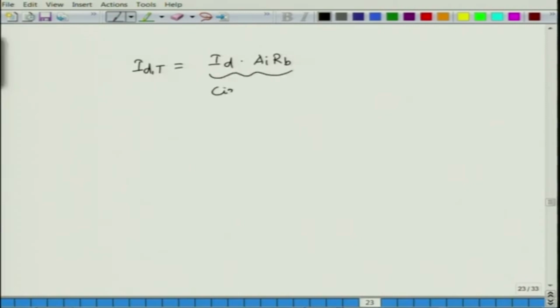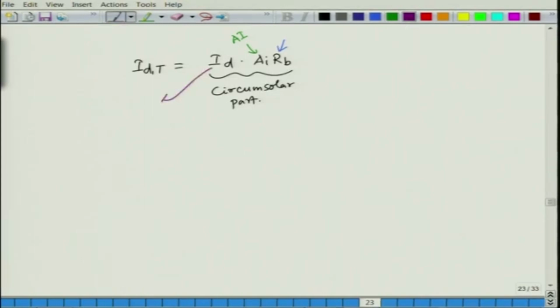This is the circumsolar part, which you can see has this signature RB, which stands for the factor related to the beam radiation, right, and it also has this anisotropy index, okay, and this ID is the total diffuse radiation.